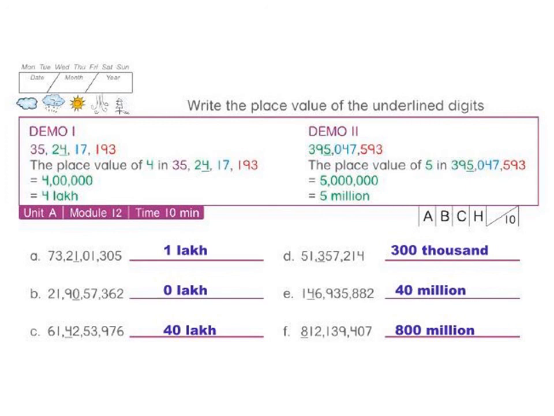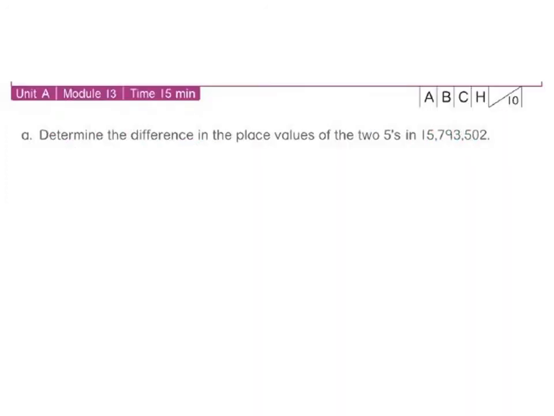Let us move on to another question. Determine the difference in the place values of the two fives in 15,793,502.